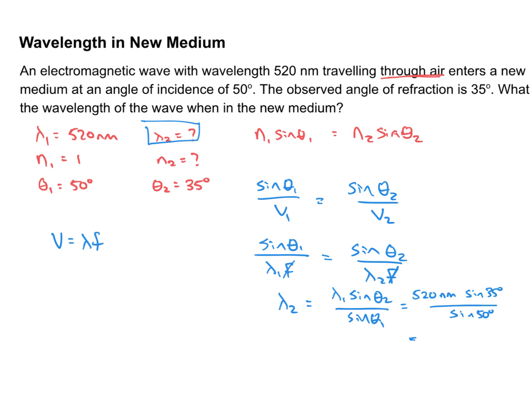So I'm coming up with 389 nanometers. That would technically be to 2 sig figs because my angles have 2 sig figs. I probably should have just put 3 sig figs in the question, but oh well.